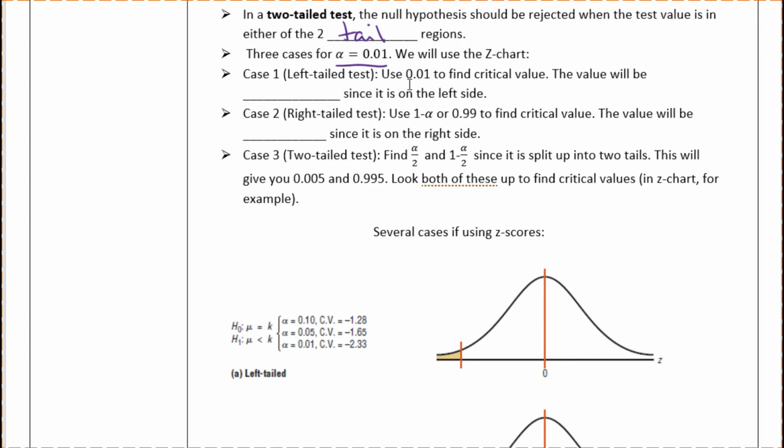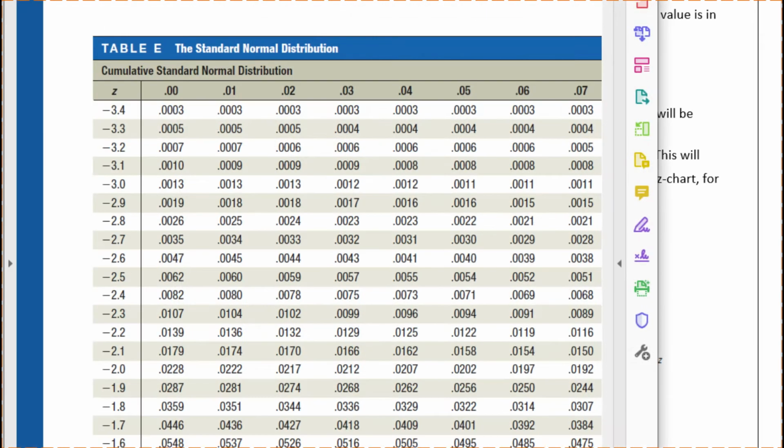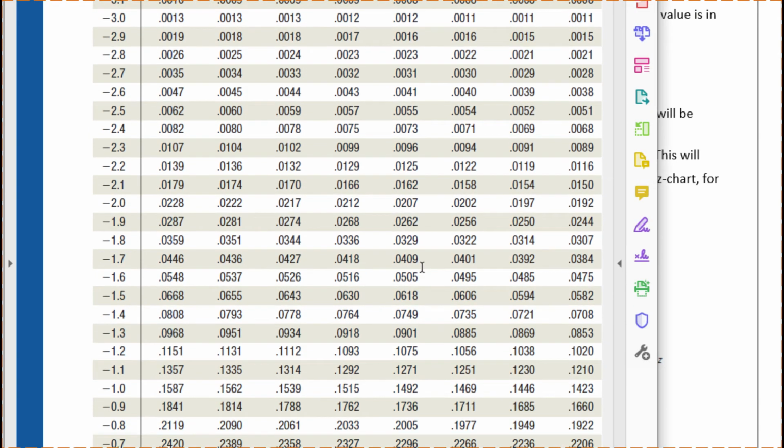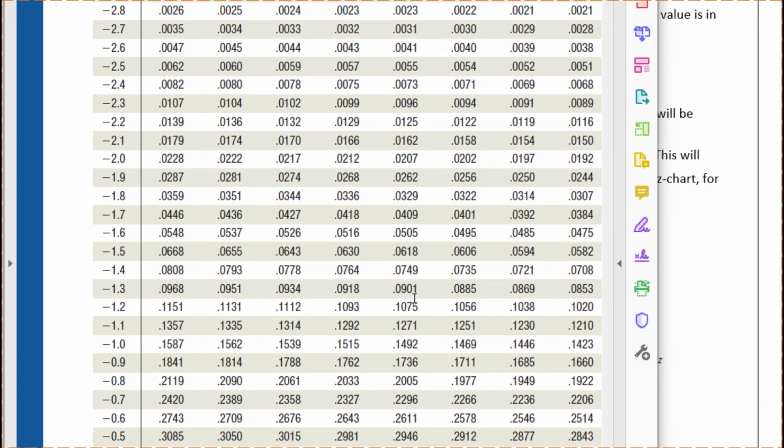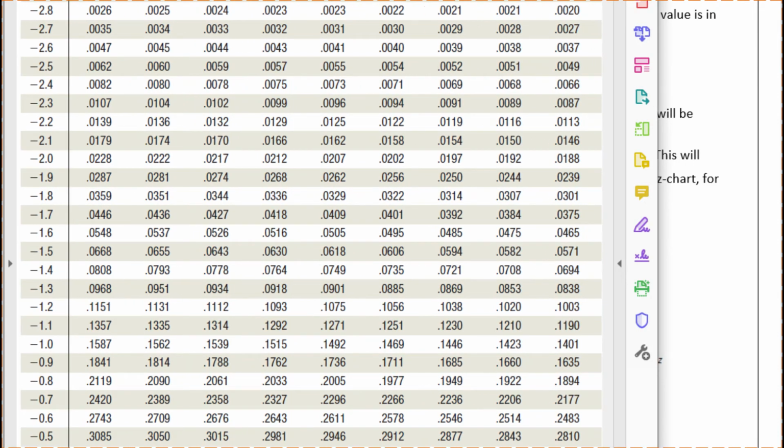If we were to find it, we would go to the z-chart and look up 0.01 in the area here. Let me zoom out a little bit.